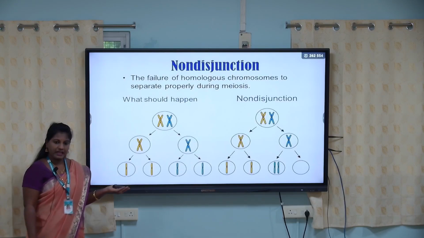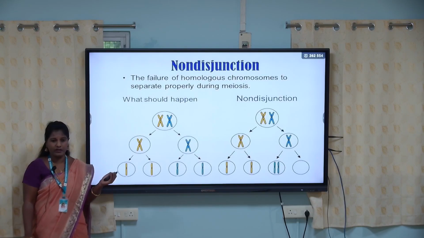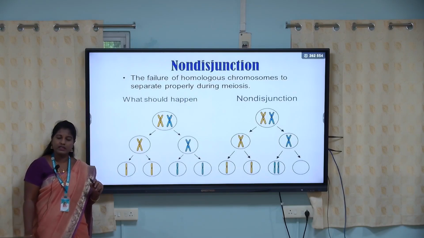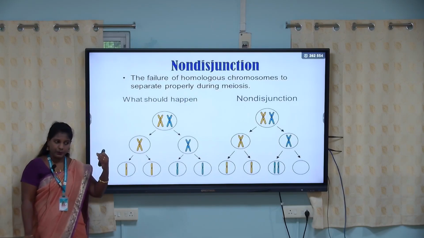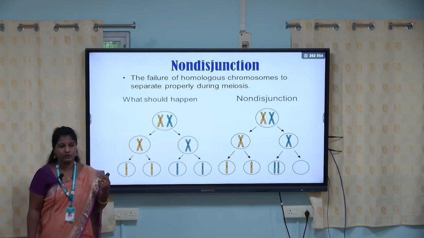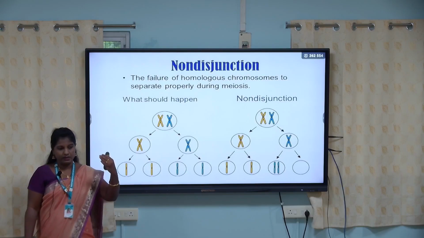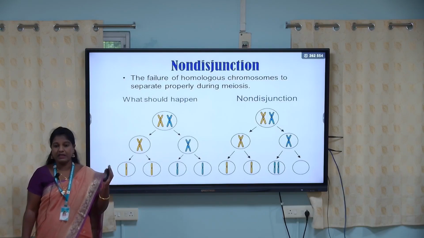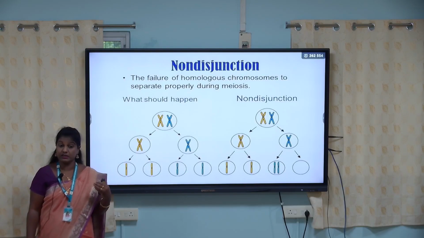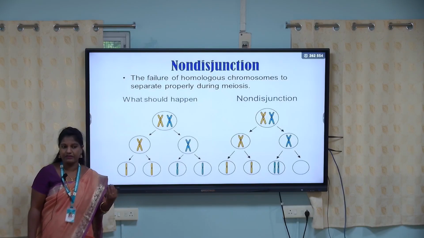The other factor which influences the genic balance theory is chromosomal non-disjunction. Chromosomal non-disjunction is the absence of proper separation of chromosomes. During cell division, if the proper split does not occur, that leads to non-disjunction, which causes aberration in the number of chromosomes and affects sex.